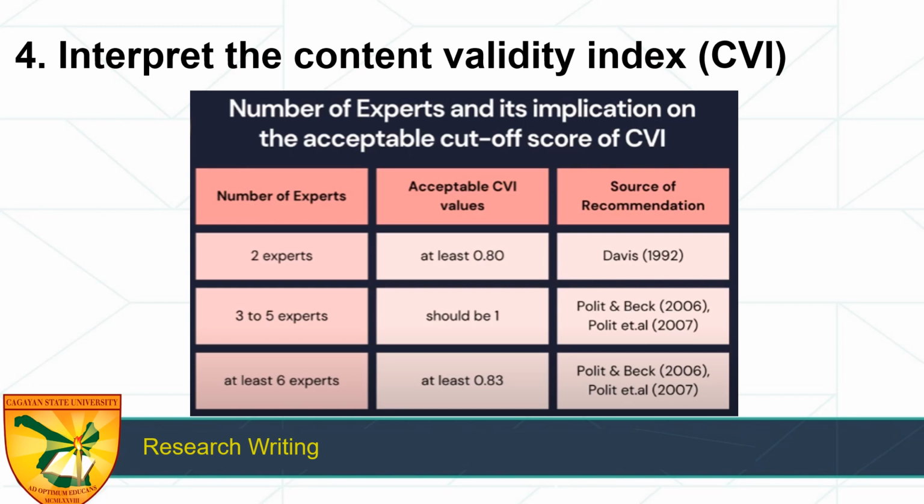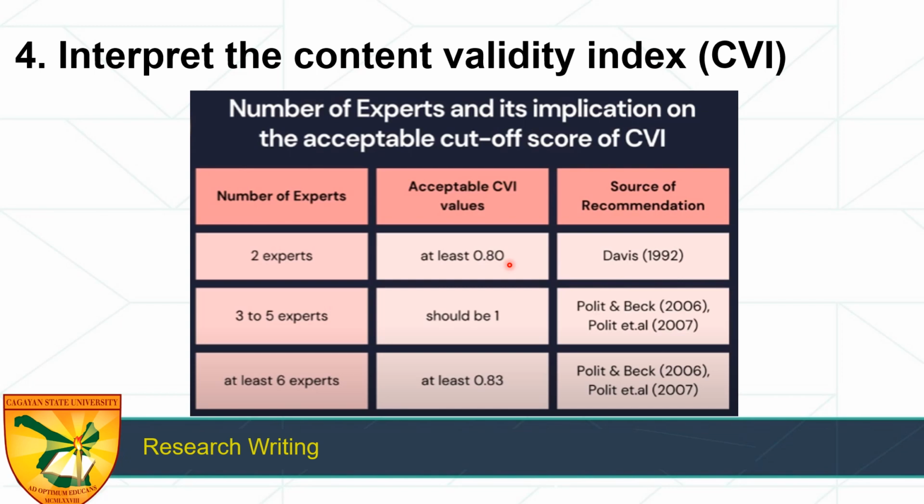So fourth is the interpretation of the content validity index. This varies according to the number of experts. If you have 2 experts, the content validity index value should be at least 0.80.